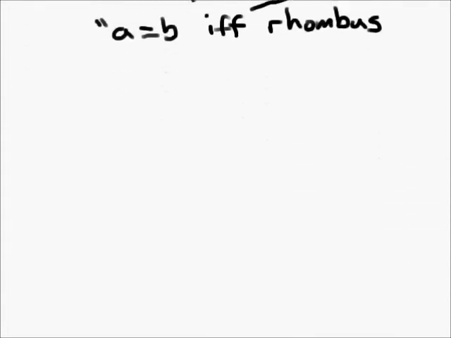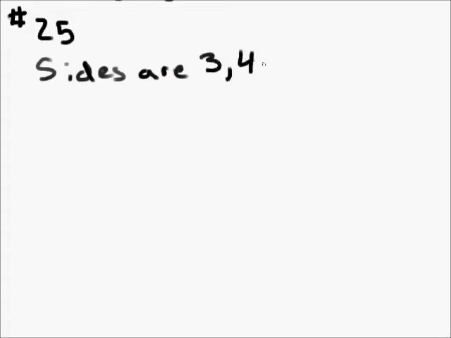Okay, next problem we want to take a look at is number 25. If a triangle has side lengths 3, 4, and 5, then it is a right triangle. So the sides are 3, 4, and 5. That implies it's a right triangle.